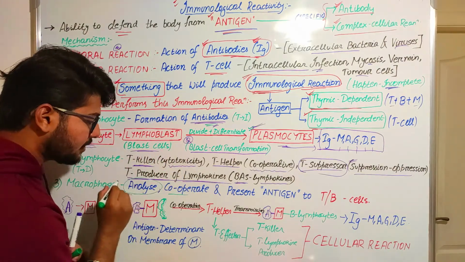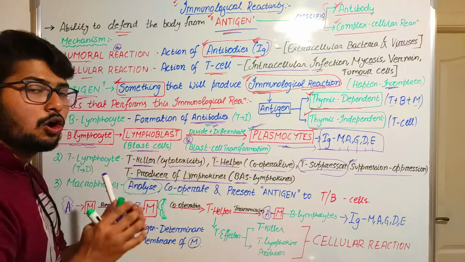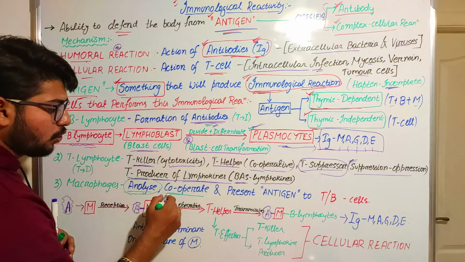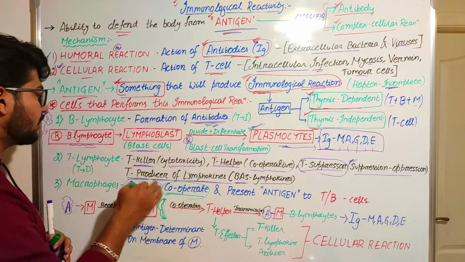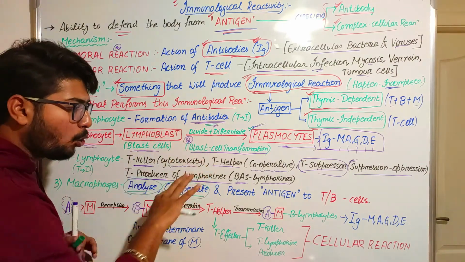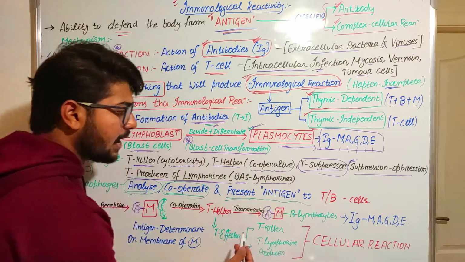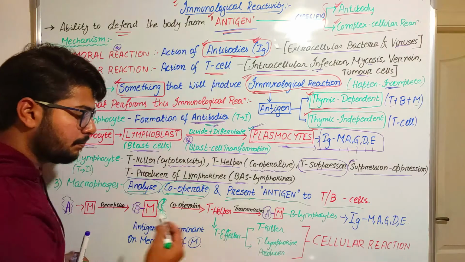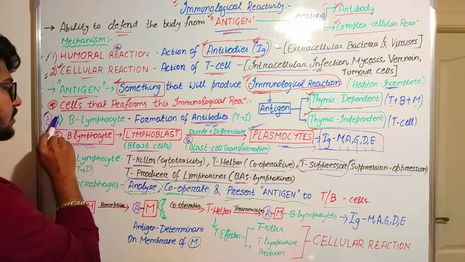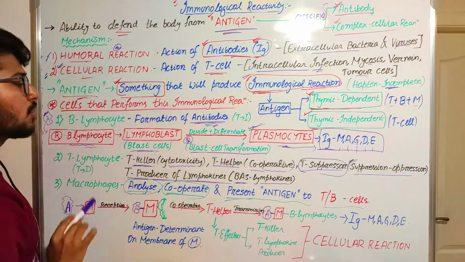That is known as analysis. Then it will cooperate. Cooperate means it will help the B lymphocytes and T lymphocytes to produce their own actions, and it presents the antigen to T cells and B cells. So this reaction, as I have said, is nothing but the humoral reaction.